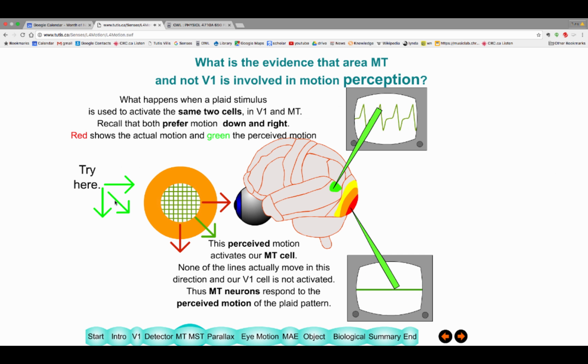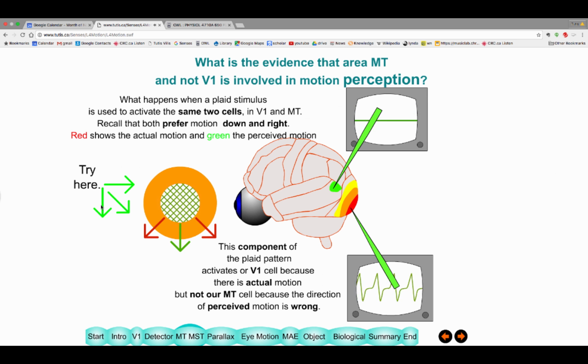If we move this way, in contrast, we now light up the empty cell, but the V1 cell is silent. The empty cell is firing because, yes, you perceive the stimulus moving down, even though physically there is no line moving in that direction. The V1 cell is silent because the lines are moving either to the right or down. There is physically no line moving down to the right.